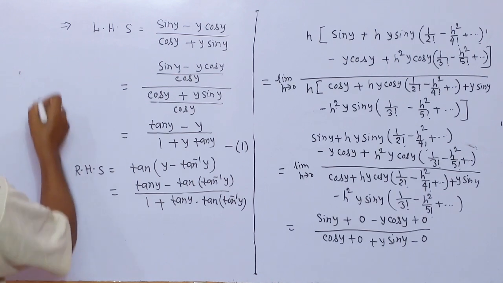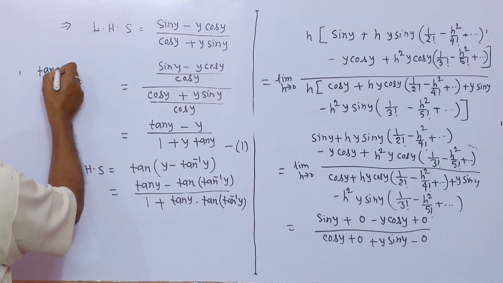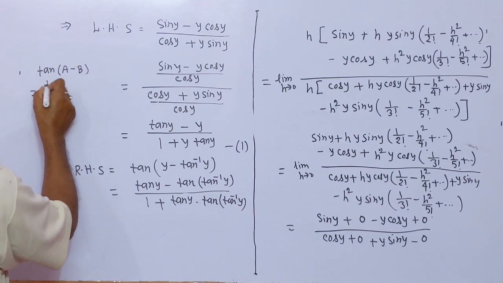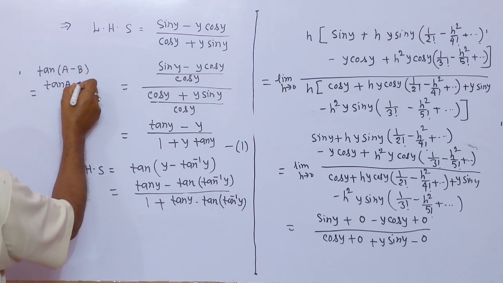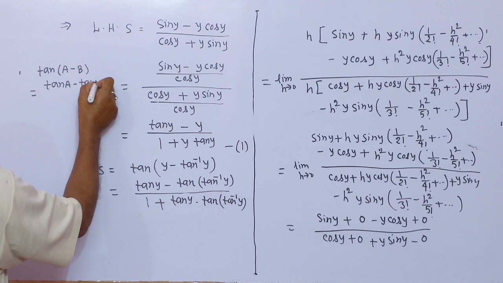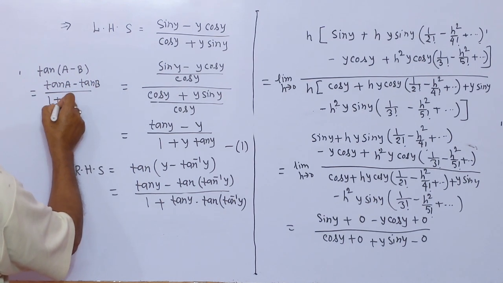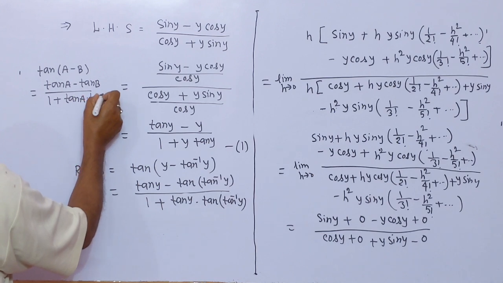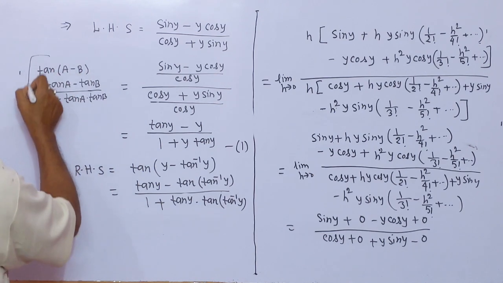Since tan a minus b equal to tan a minus tan b by 1 plus tan a into tan b. This is the formula.